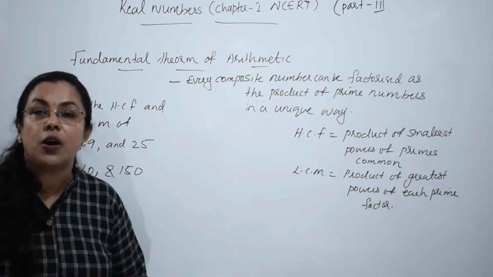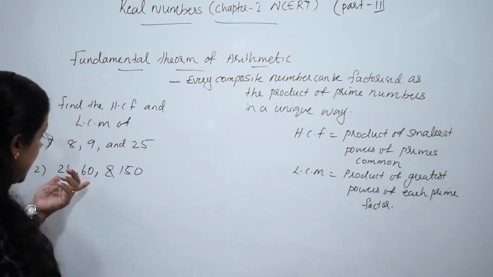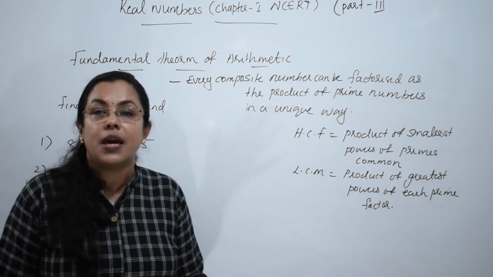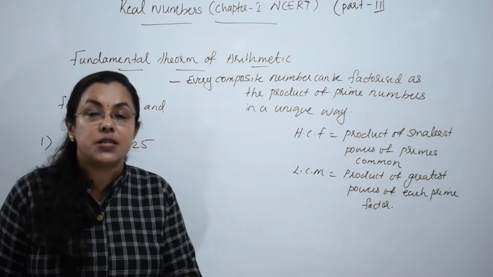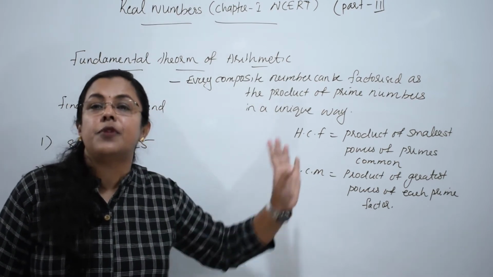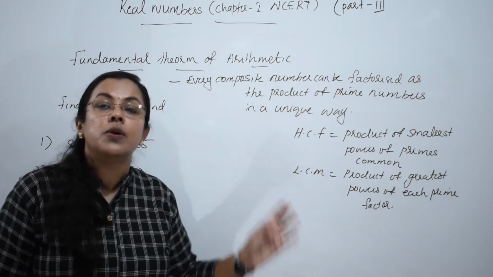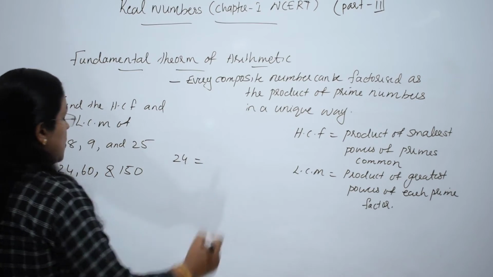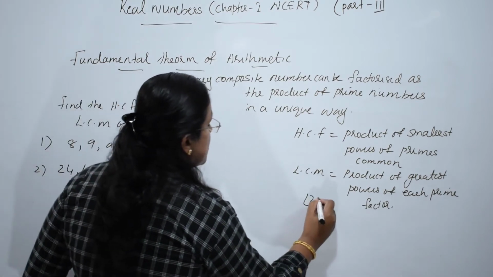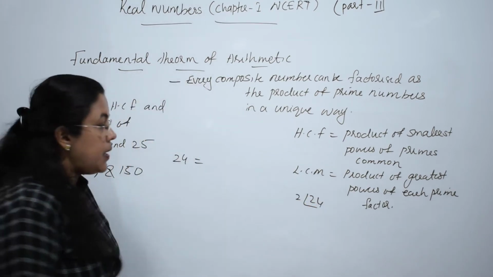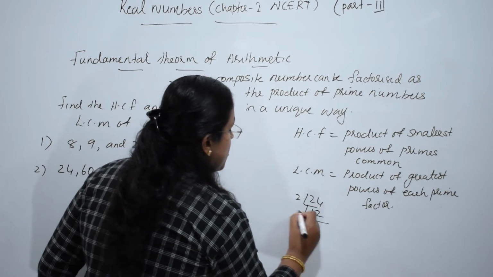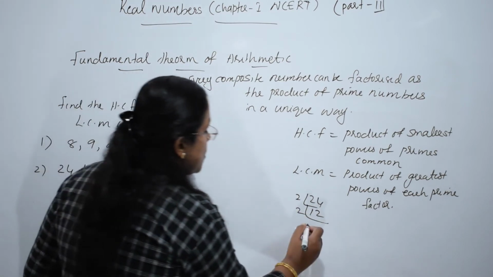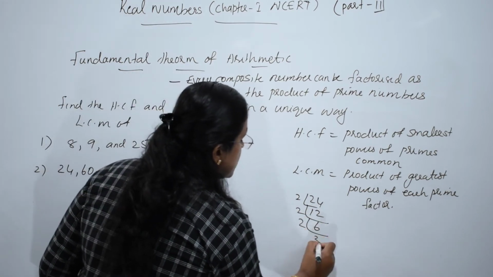Now, let us find out the HCF and LCM of 24, 60 and 150. What is the first step? Factorize it using the fundamental theorem of arithmetic. 24 is an even number, so 12 2s are 24, 2 6s are 12, 2 3s are 6.